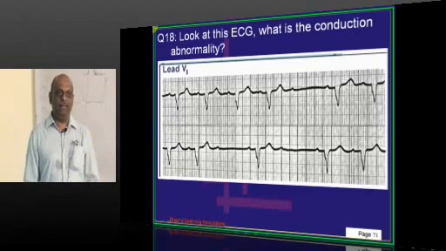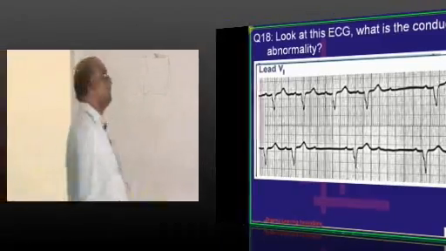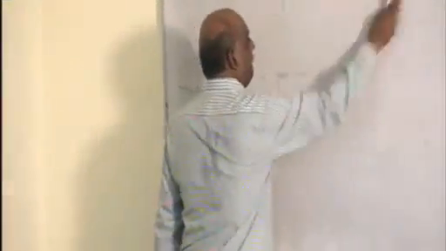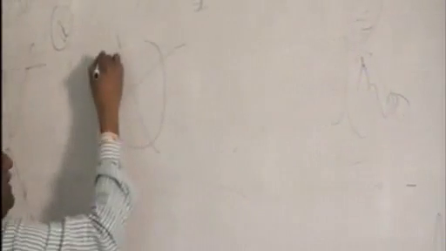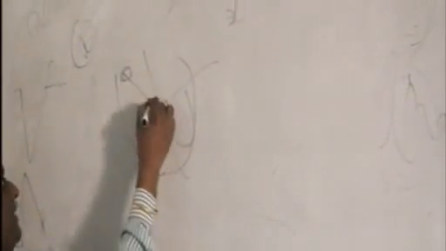And sometimes what will happen if there is AV dissociation? We get fusion beats. What is the meaning of fusion beats? The SA node is like this, doctor, the AV node is like this, and the ventricle is supposed to receive from the SA node to the AV node to the ventricle.